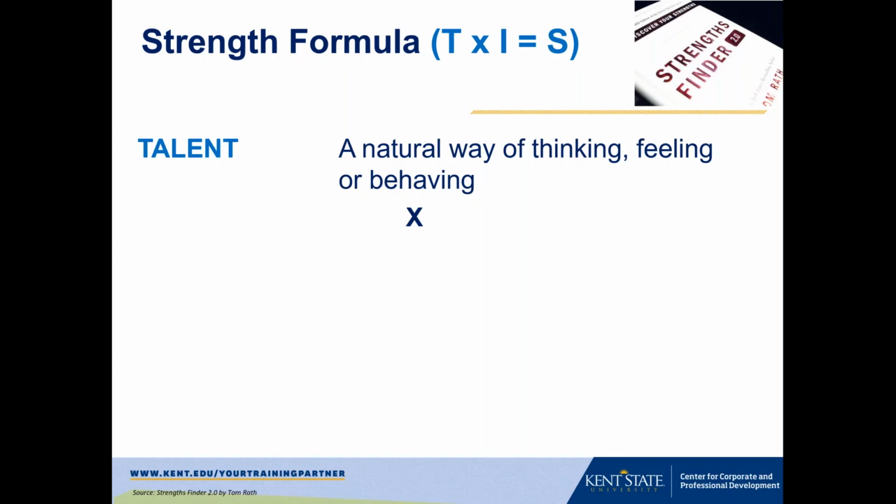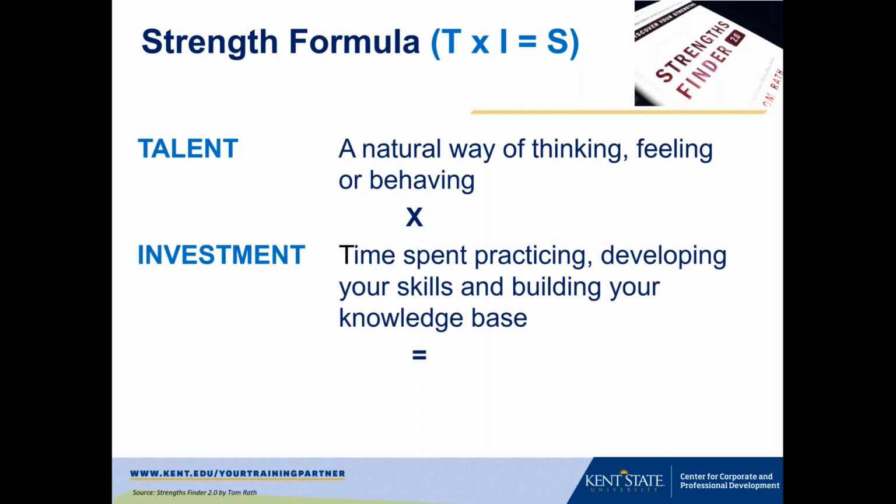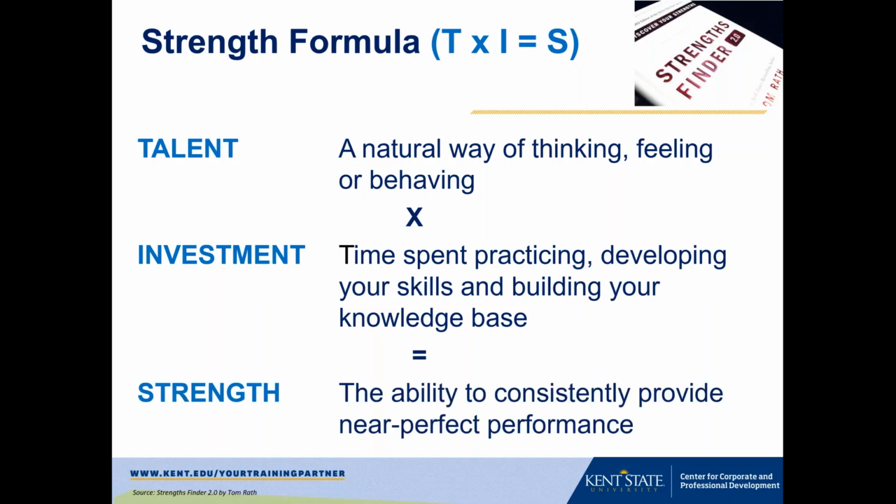Times the investment: the time spent practicing, developing your skills, and building your knowledge base in that particular area. And ultimately, that's your strength, the ability to consistently provide near perfect performance.